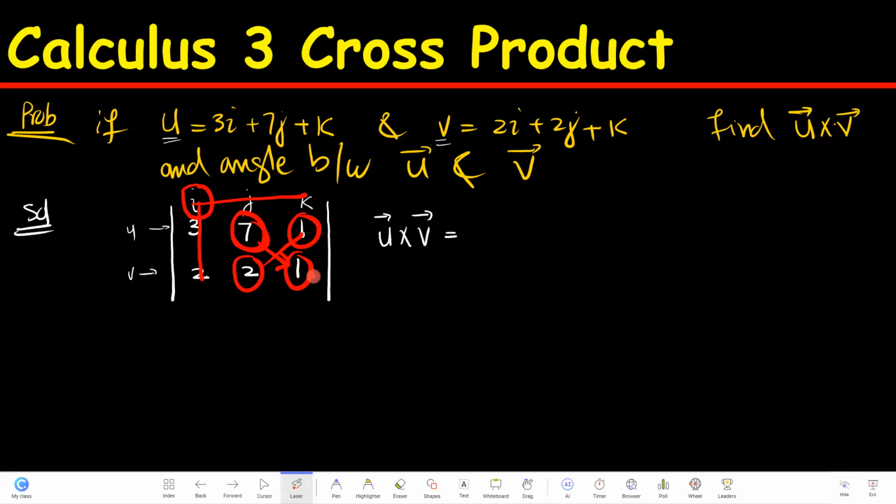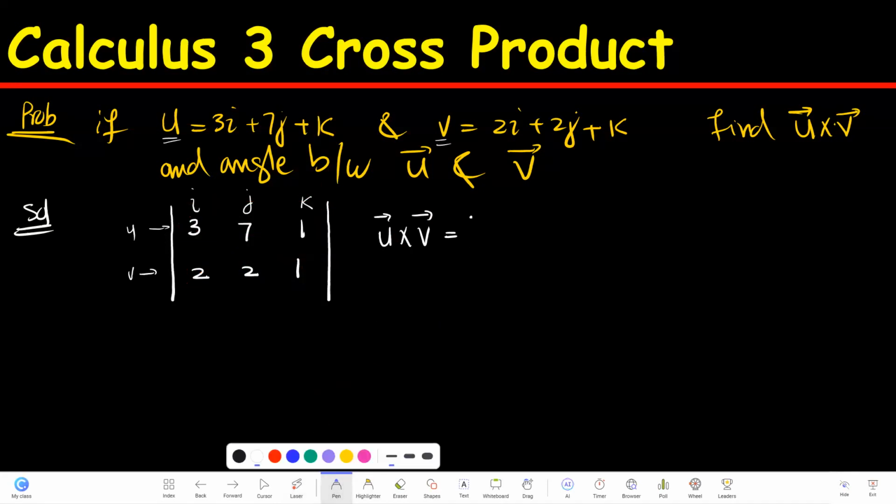When you do the j component, you ignore its column and its row, and multiply this 3 with this 1 minus this 2, this 1. When I do the k component, I'm going to ignore these two column and row, and then multiply 3 by 2 minus 2 by 7. Take a look at how it's going to look.